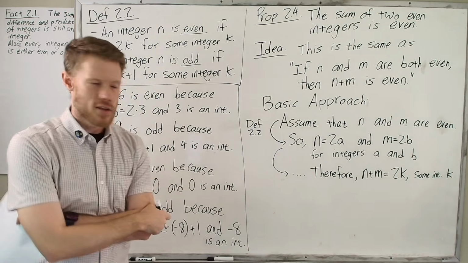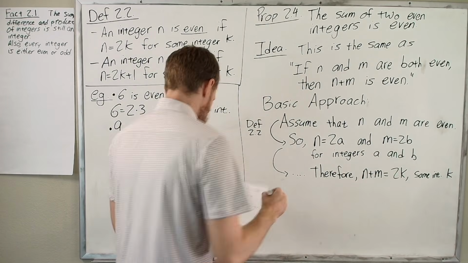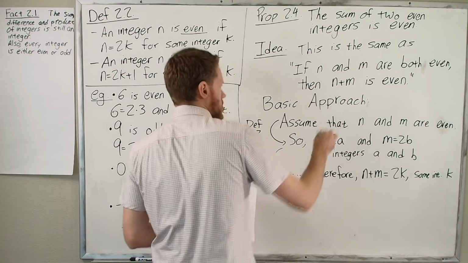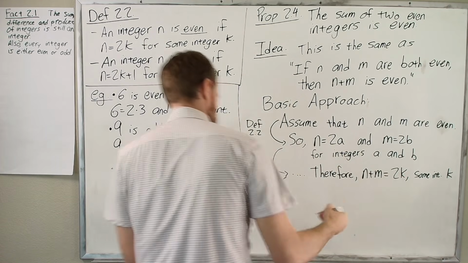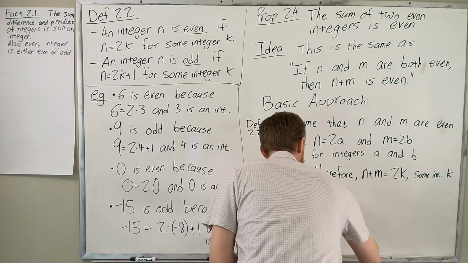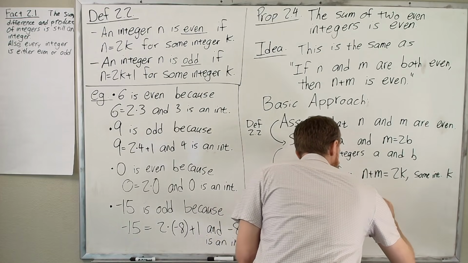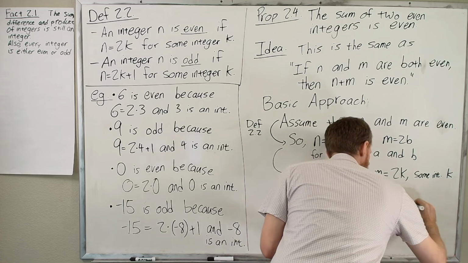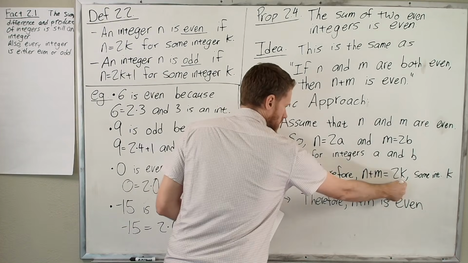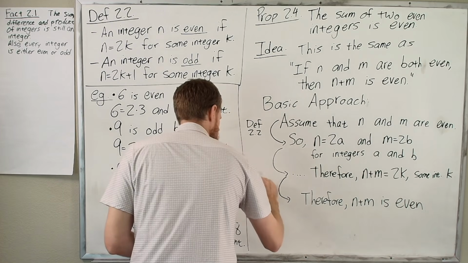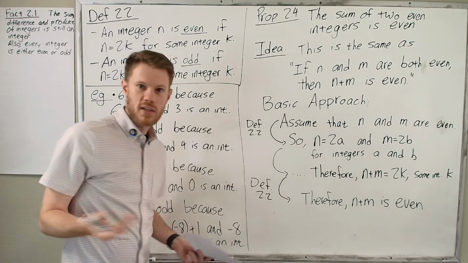So somehow we have to get down to the point where n plus m is also 2 times an integer. And what's our goal? To show that n plus m is even. Well, as long as you're 2 times an integer, therefore it's even. Therefore, n plus m is even. So to go from being 2 times an integer to being even is another application of definition 2.2, the definition of being even.